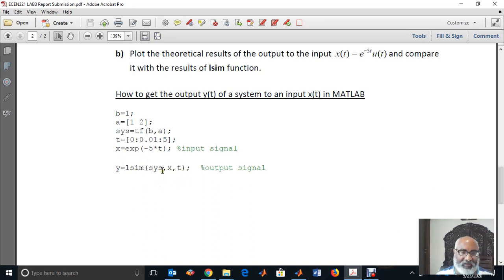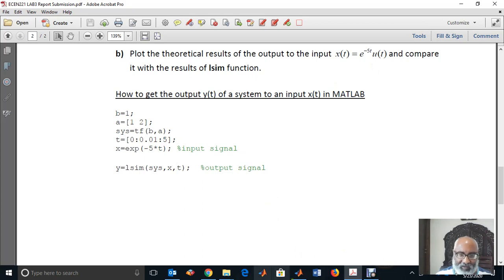It can be any system, but for this particular case, this first order system. It can be any input also, and for this particular case, the input is this one, and time, and you will get y. This will be your simulation result, and you will plot it together with the theoretical result you found, and you compare the two results.